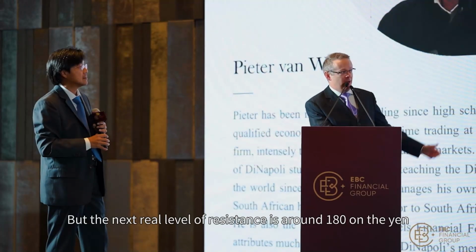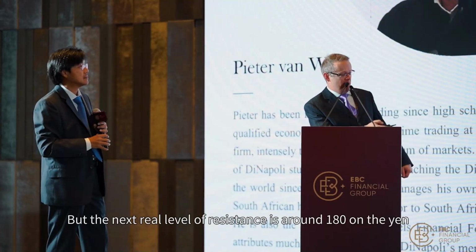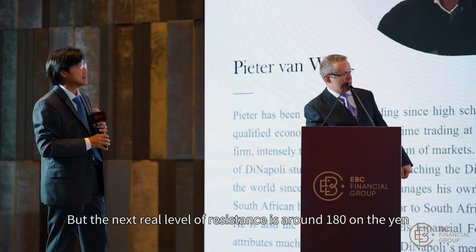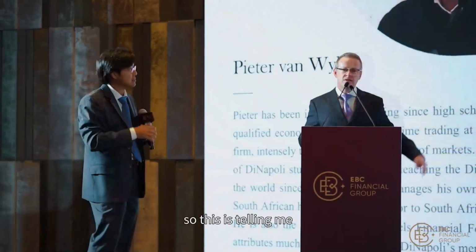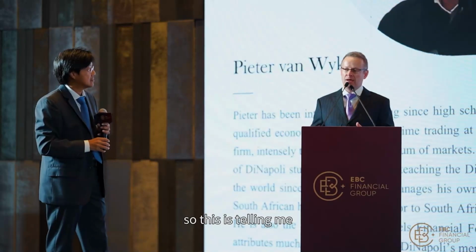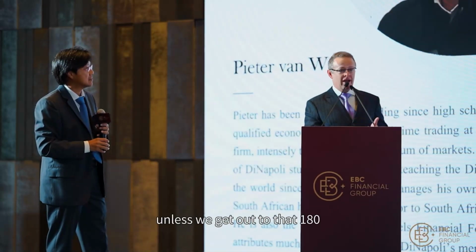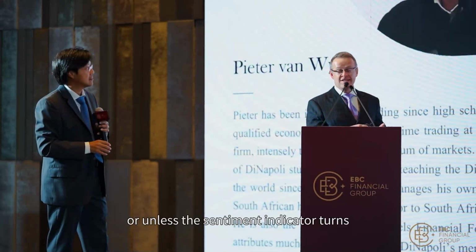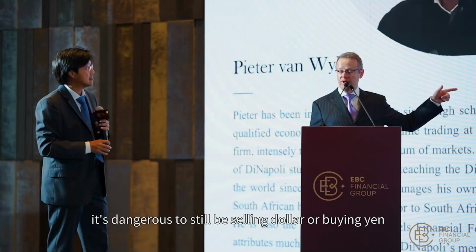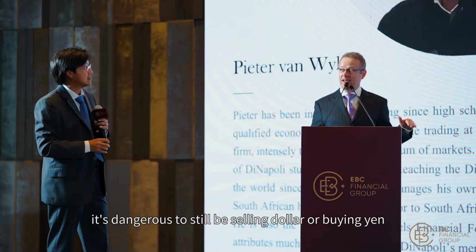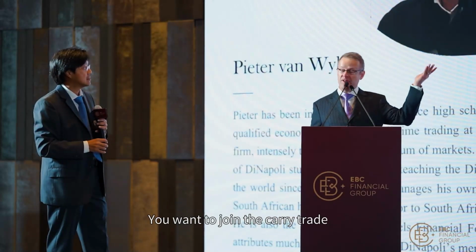Remember, it's unpredictable, but the next real level of resistance is around 180 on the yen. So this is telling me, unless we get up to that 180 zone, or unless the sentiment indicator turns, it's dangerous to still be selling dollar and buying yen, if you rather want to join the carry trade.